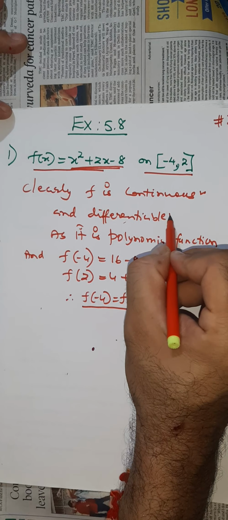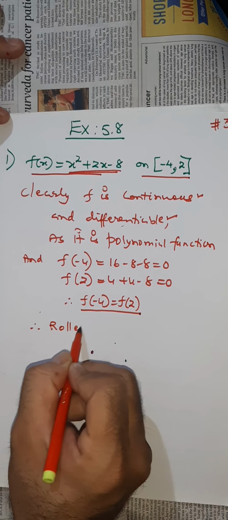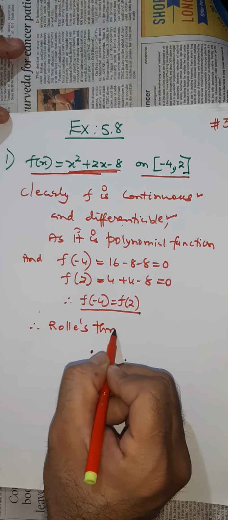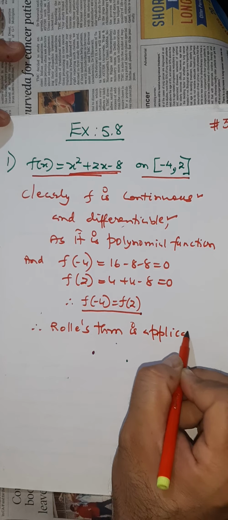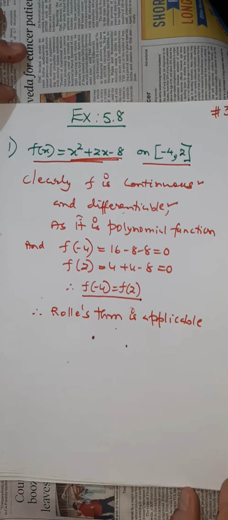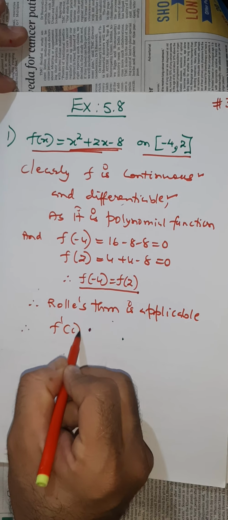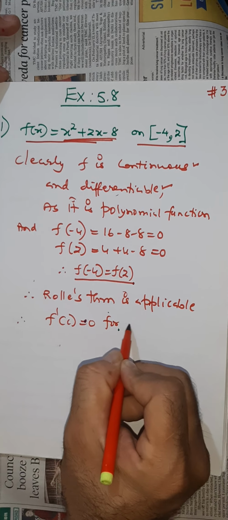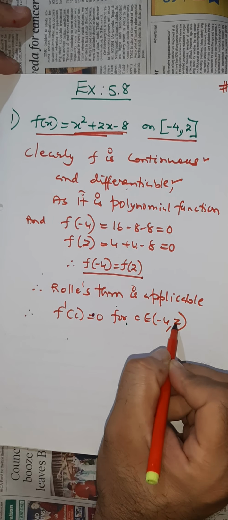First continuous, differentiable, and this, and therefore you can say that Rolle's theorem is applicable. So we must have f dash c equals 0 for c from the open interval minus 4 to 2.